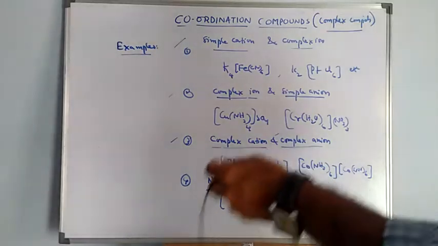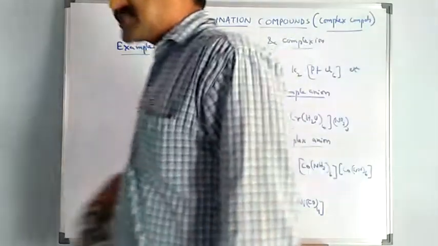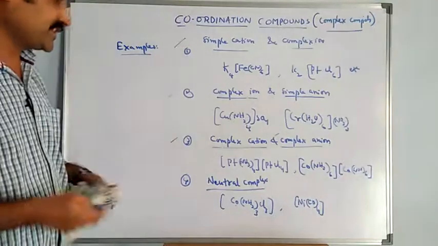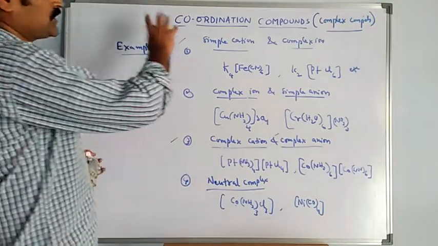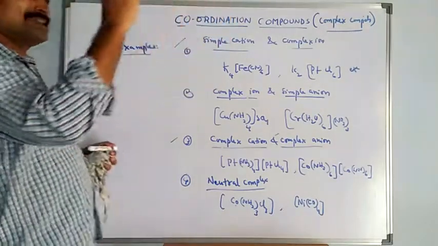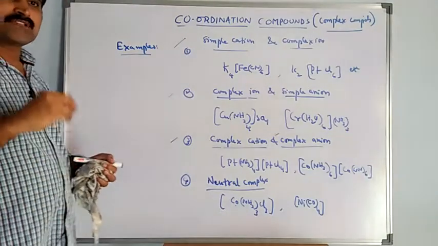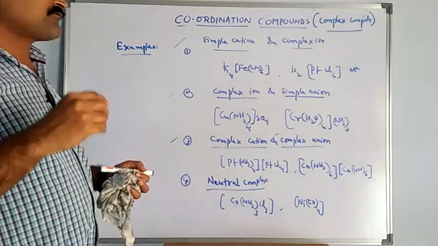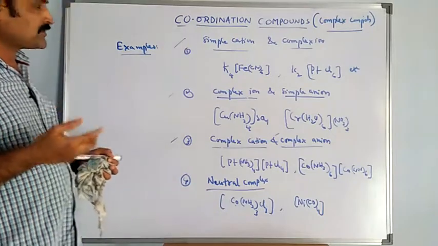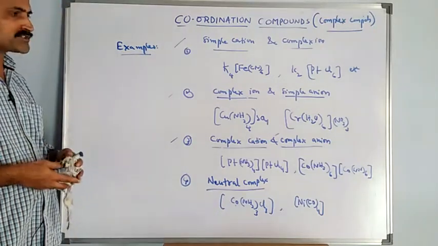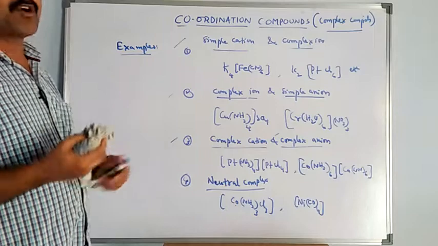So in this discussion, what we have noticed is that coordination compounds and their classification have vast information for further discussion in complex compound study, and it is interesting also.